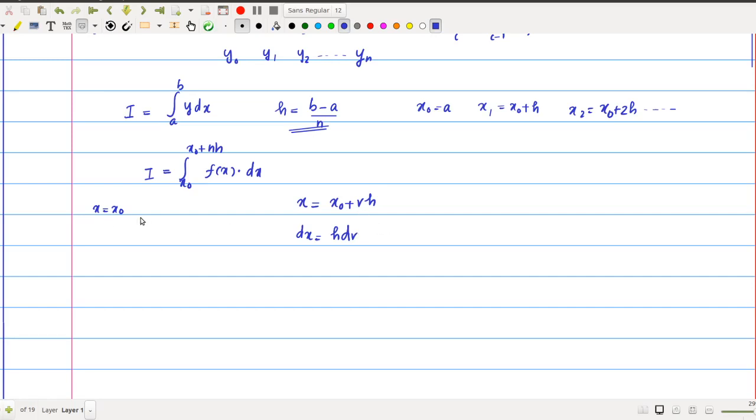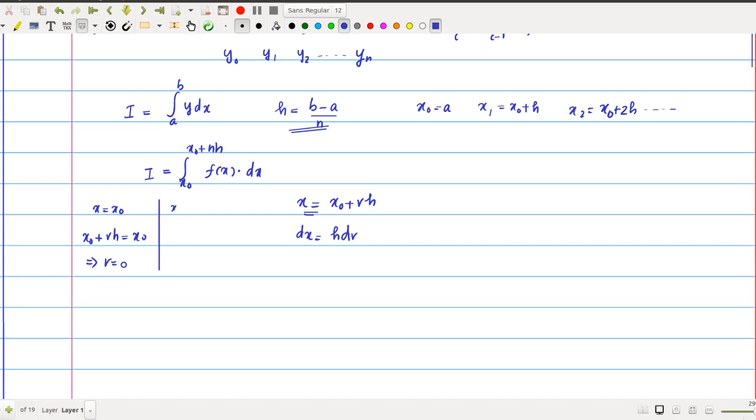When x equal to x0, x0 plus rh is equal to x0. That implies rh is equal to 0. So rh equal to 0 means r is equal to 0, because h is not equal to 0. h is a positive quantity. It defines the equal intervals, so h is never 0. Then from this equation you get r equal to 0.